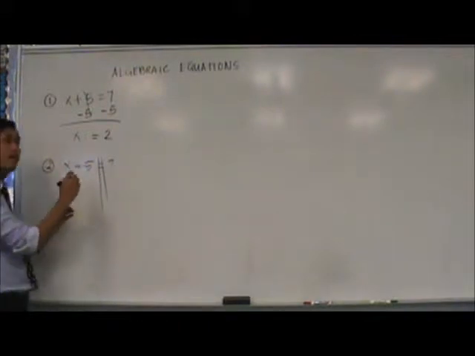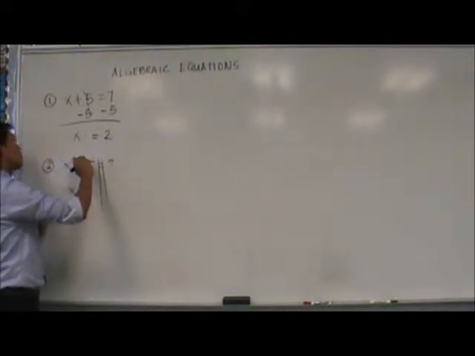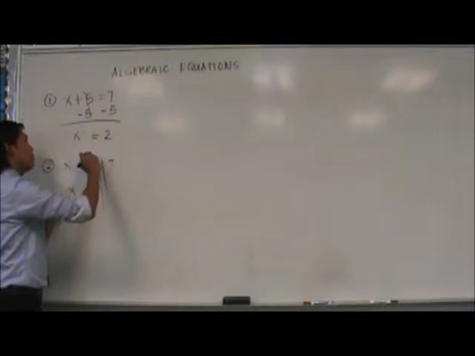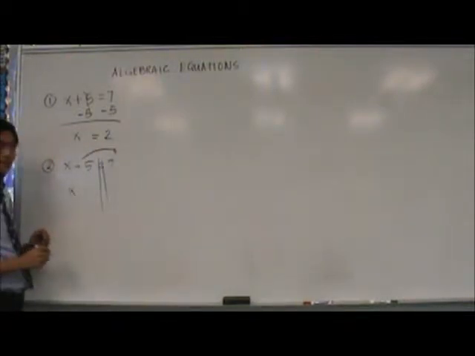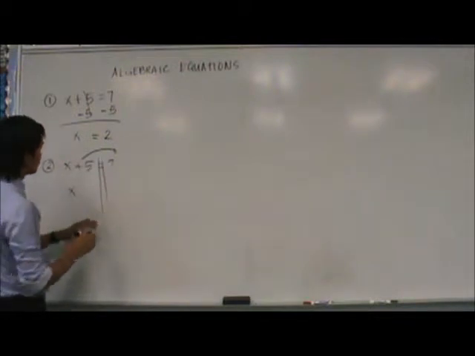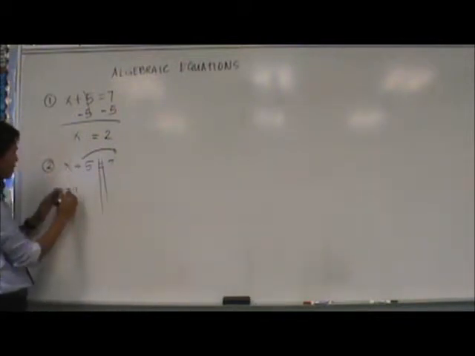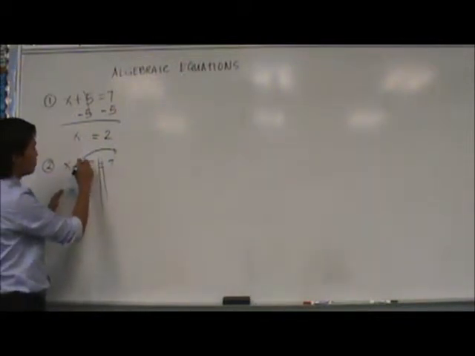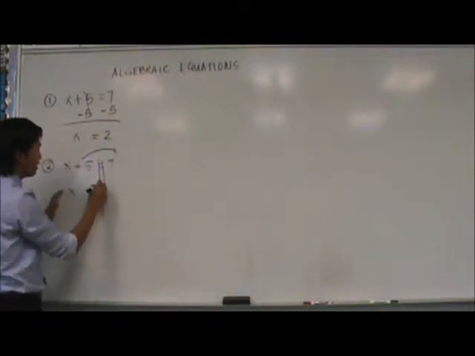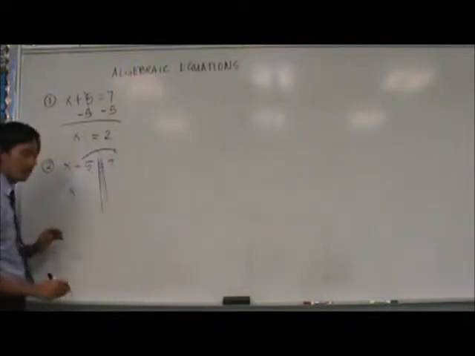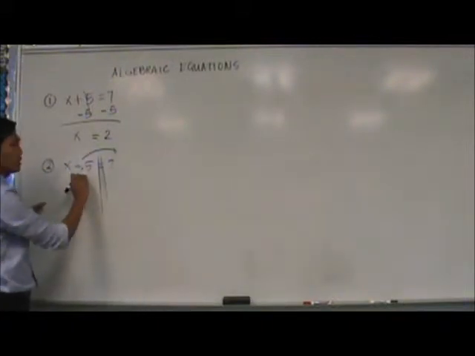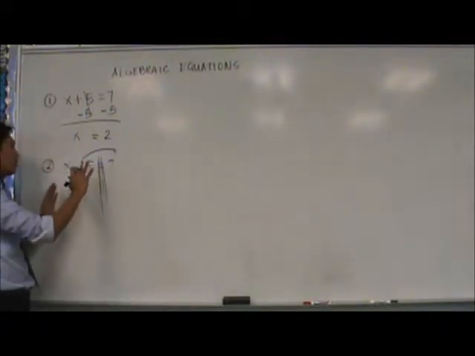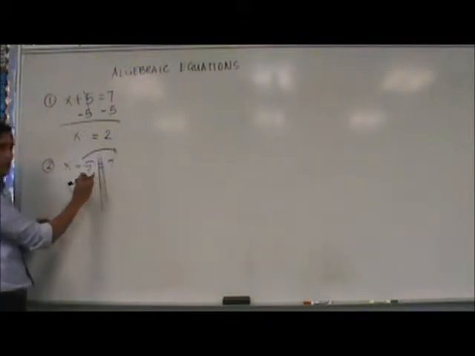To get rid of that 5, make sure you move that 5 over to the right side of the equal sign. We need that plus 5 to cross over the bridge. And every time you cross a number over the bridge, make sure you change the sign.